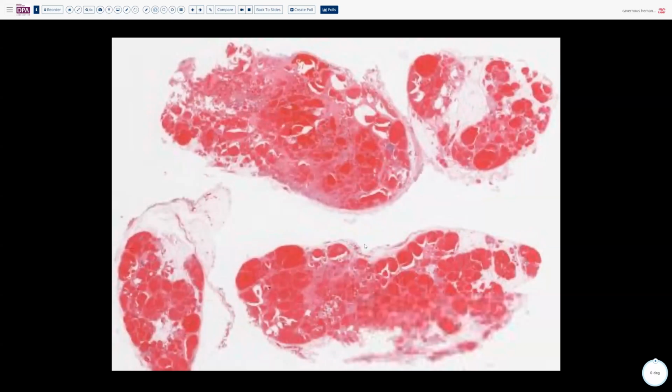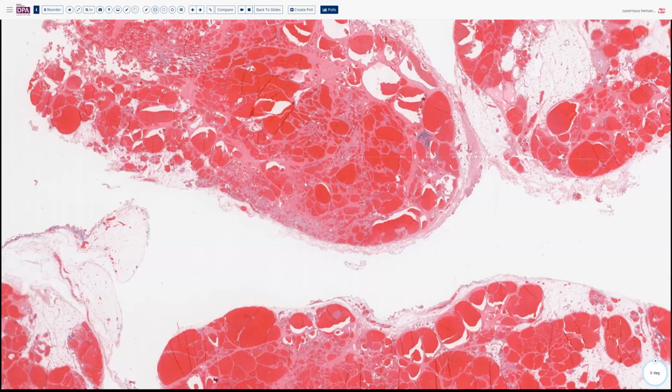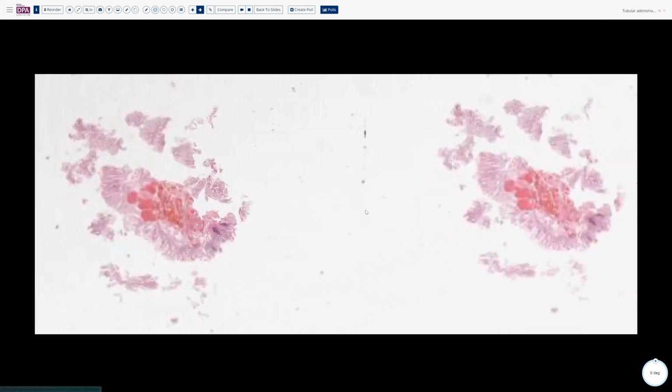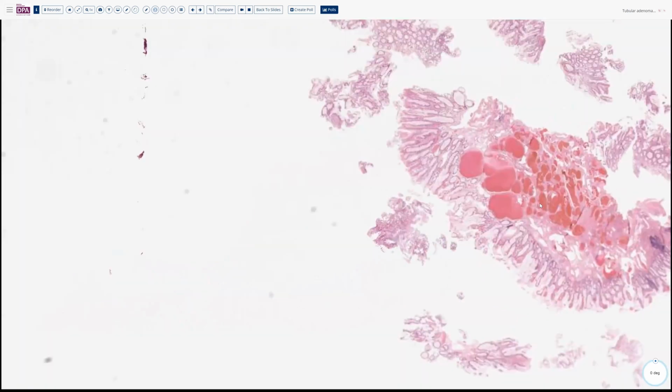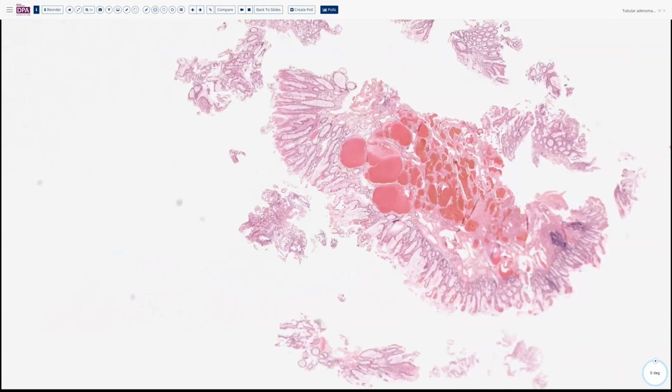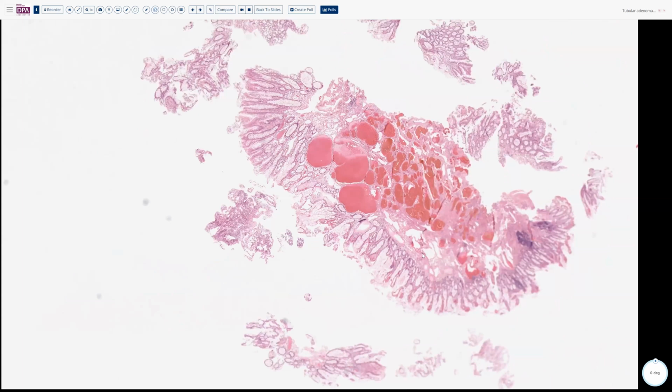Here's another example, this one in more lobulated fatty tissue. But again, you see multiple thin-walled vessels, no capillary bed here associated with this. And another example, here one in the tubular GI tract. You can see these multiple dilated spaces, very engorged, but some that are not so filled with blood.